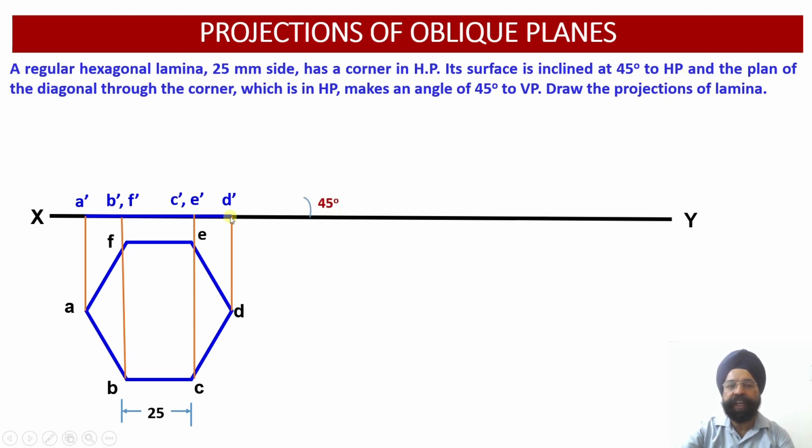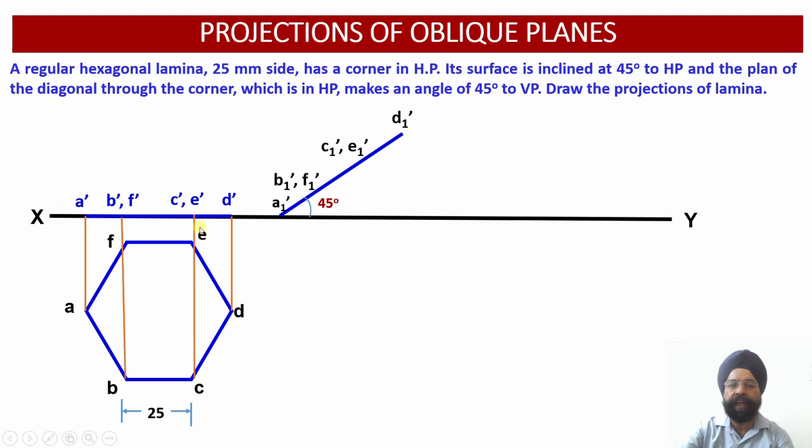All these points we are going to transfer over here at an angle of 45 degree. Please see, we are going to mark these distances over here, and the same distances will be transferred in view number 3. So the first view is the true shape, the second view is the edge view, and the third view is rotation or translation.